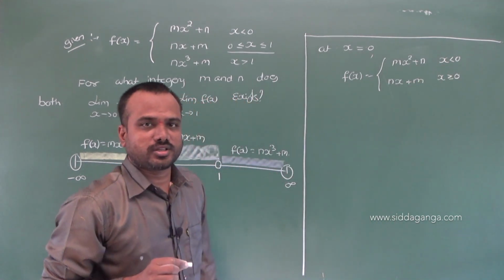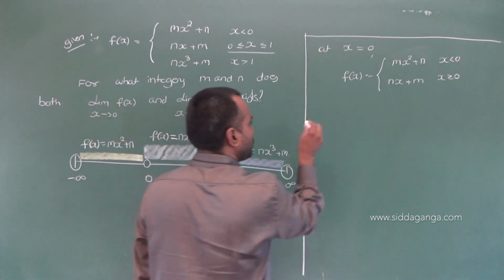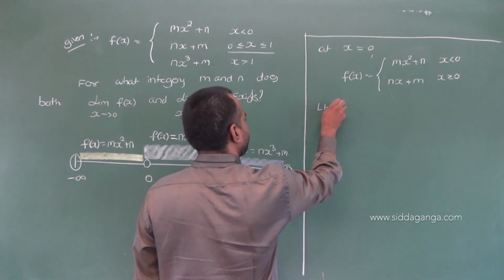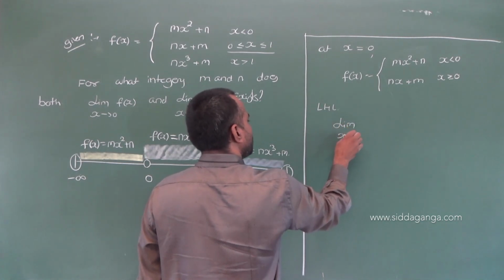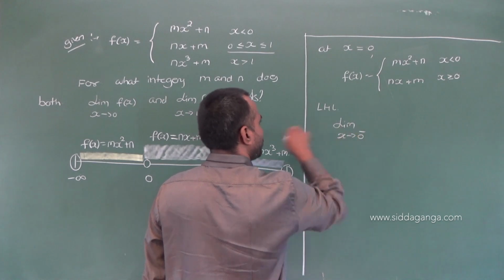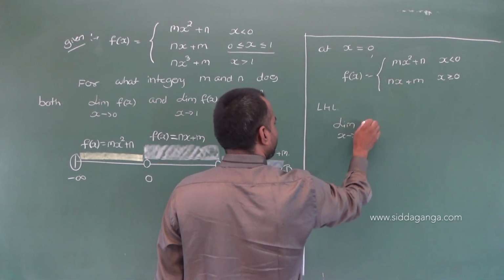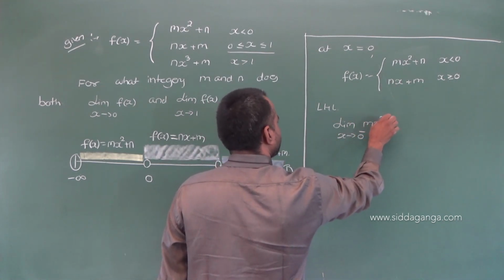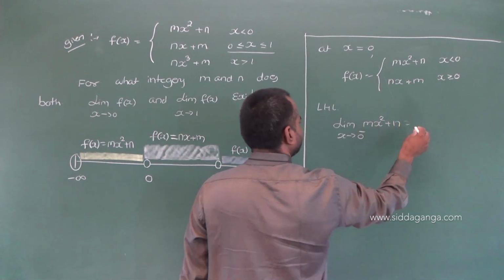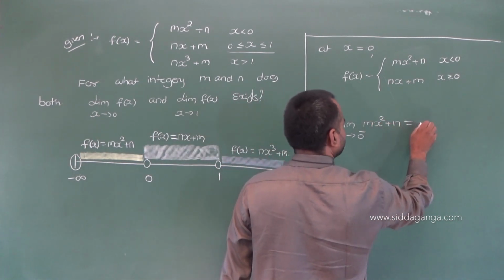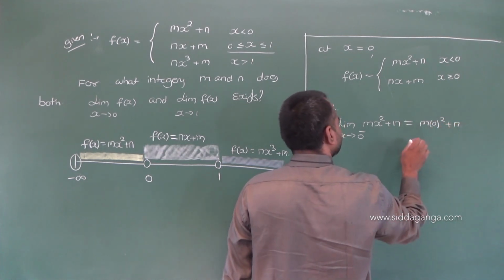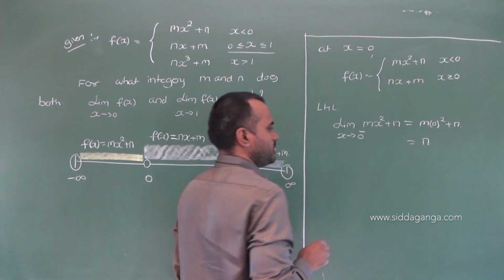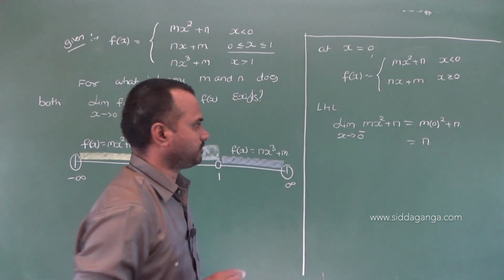Left hand limit, x tends to 0 minus, the function is mx square plus n. Answer is n.